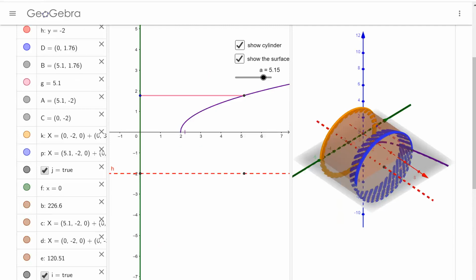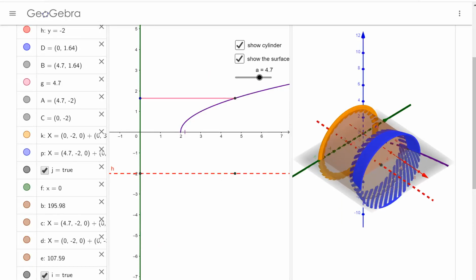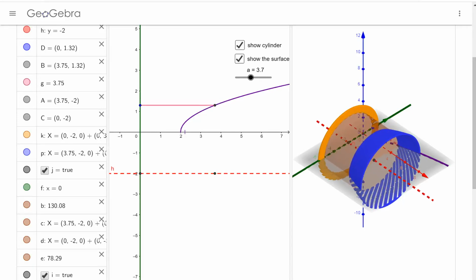Here we're rotating about the line y equals -2. So far, so good, everybody. I hope you can play around with those GeoGebra projects. You can do the project and earn 0.5% extra credit.